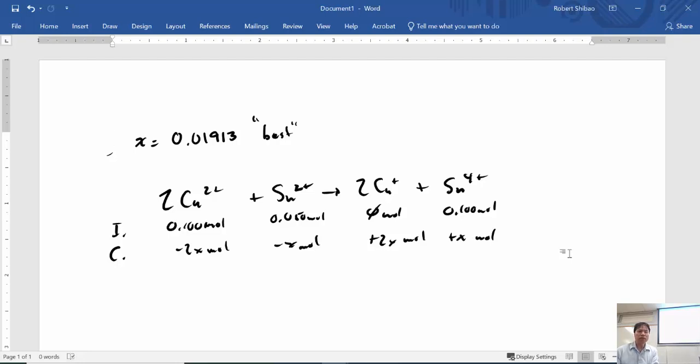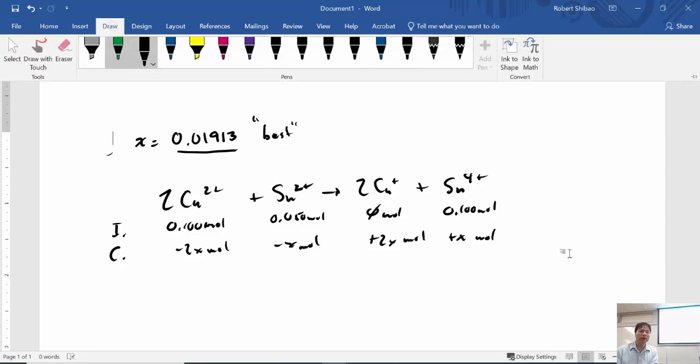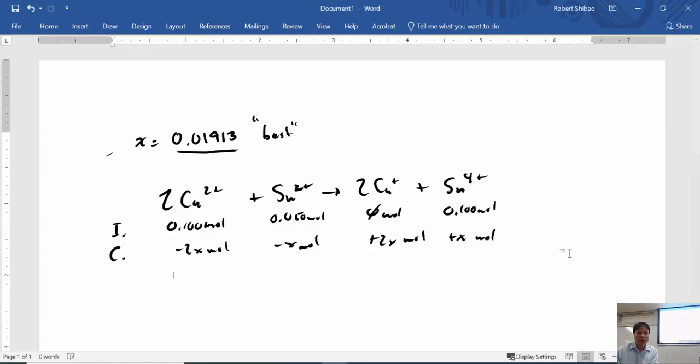And for that change, we're going to use this x value here. So we're going to go ahead and write that in. So 2 times 1913 is what? I don't want to figure it out. 3826. So this is going to be minus 0.03826 moles. And half of that divided by 2. Oh, that's no. I got to double it. Sorry.